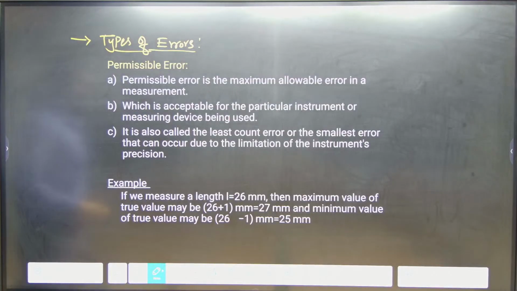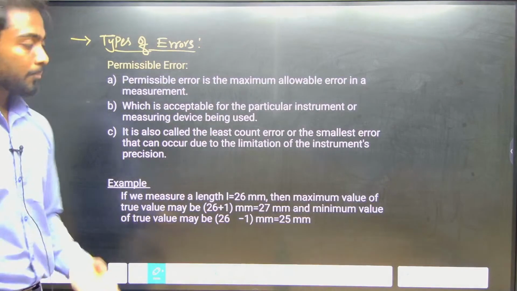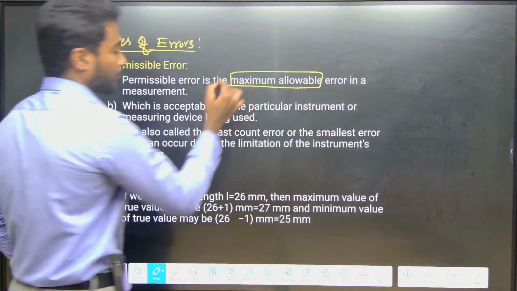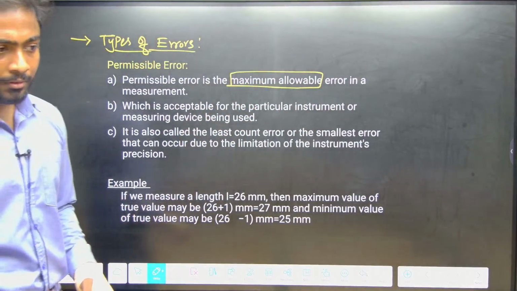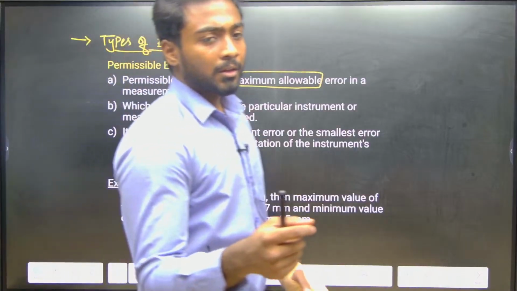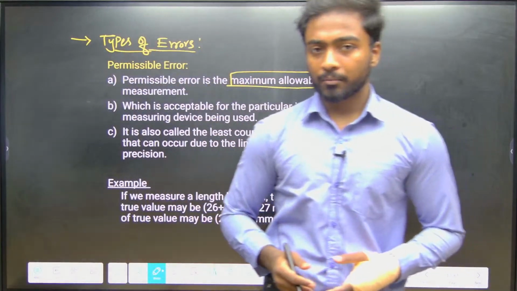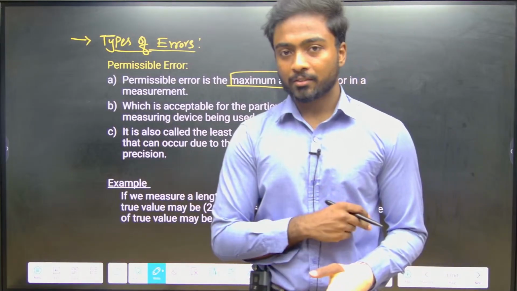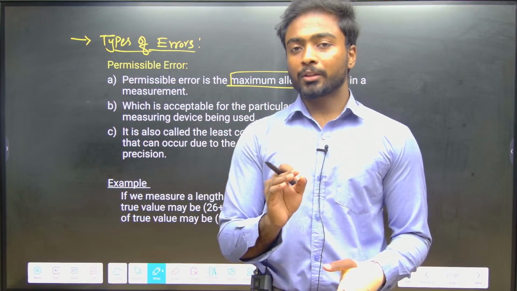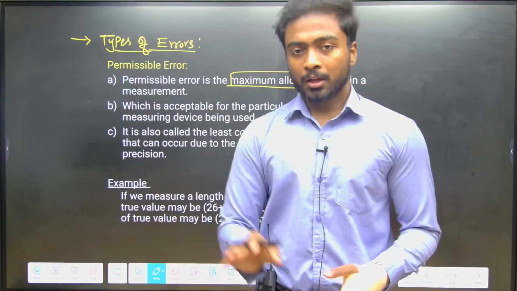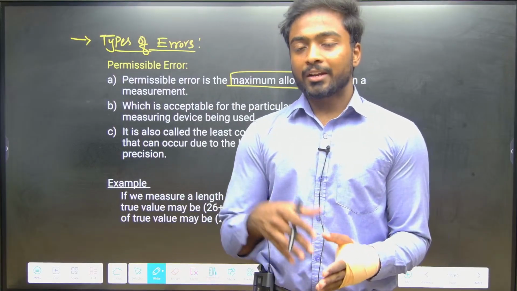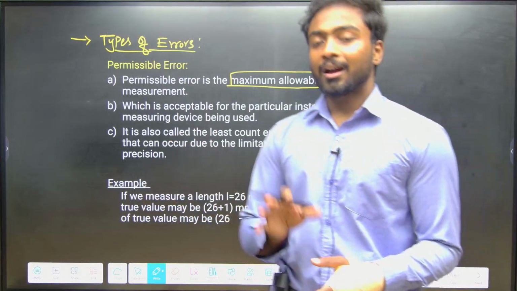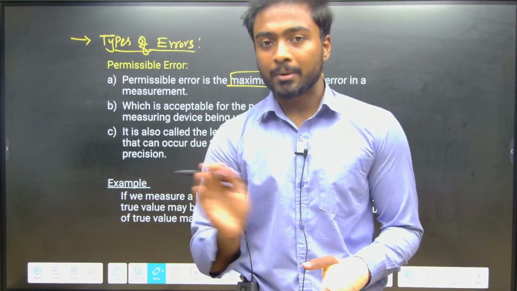Permissible error. Permissible error means what? Permissible error is the maximum allowable error. That is, you are doing some work, and in that work you can make 1 or 2 mistakes. That's it. More than 2 mistakes is not allowed. Those kinds of mistakes are called permissible mistakes. It is allowed to some limit.